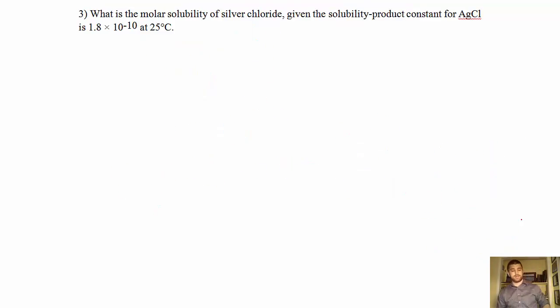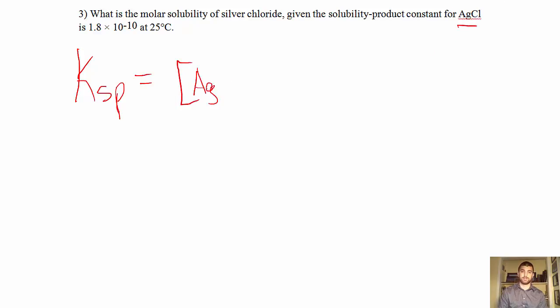All right, number 3. It says, what is the molar solubility of silver chloride given the solubility product constant for AgCl? So again, KSP is going to equal the concentration of Ag plus to the first power times the concentration of chloride ion to the first power as well, because you get 1 of each. We want to know how much those are. There's some value, x.